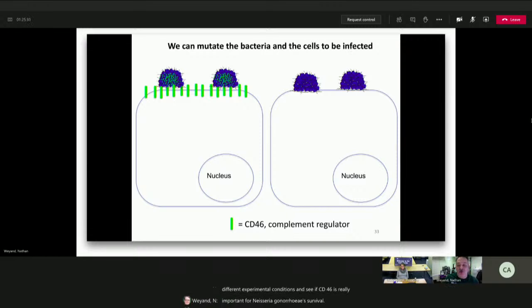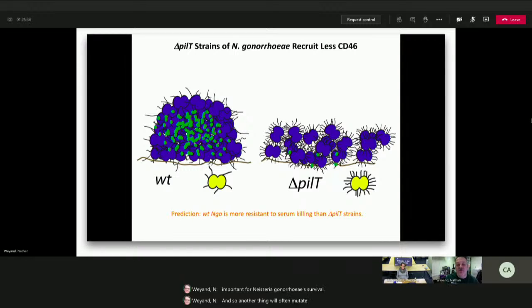Another thing we'll often mutate is proteins expressed by the bacteria. On the left is our wild type Neisseria gonorrhea that can sequester or steal CD46 from the infected cell. On the right, we have the PIL-T mutant strain. PIL-T is the name of a gene that encodes a protein that powers pilus retraction.